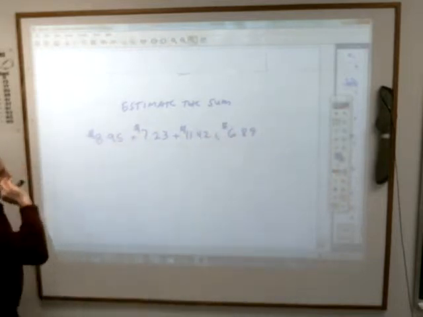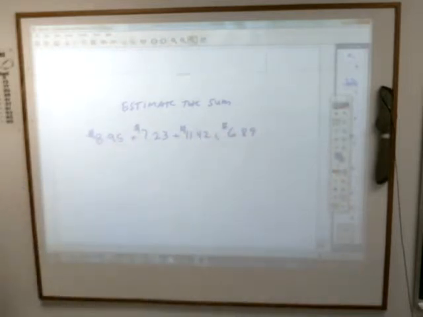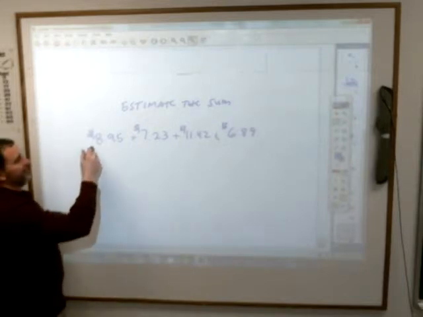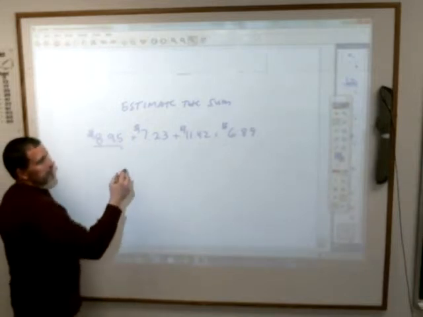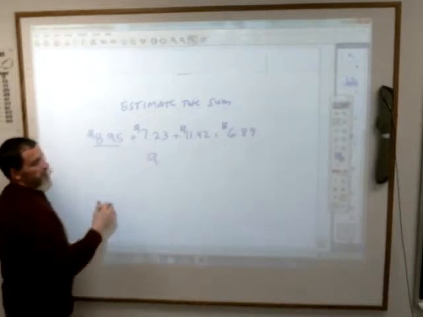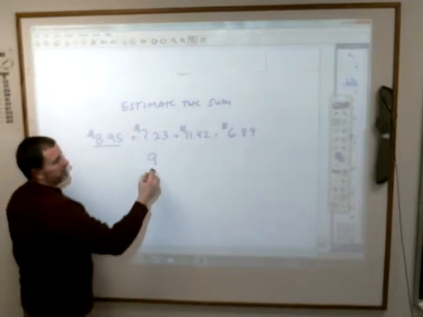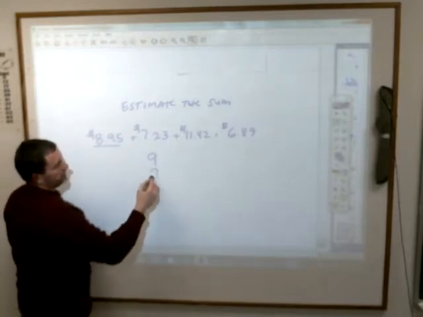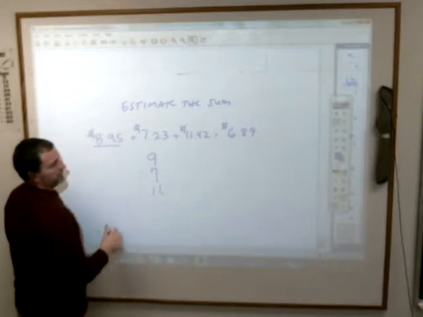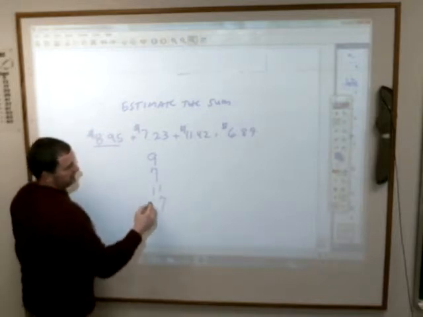So if I were estimating that sum, what am I going to do? Well, I'm going to make $8.95 what right away? $9. $7.23 would be $7. $11.42 would be 11, and $6.89 would be 7.